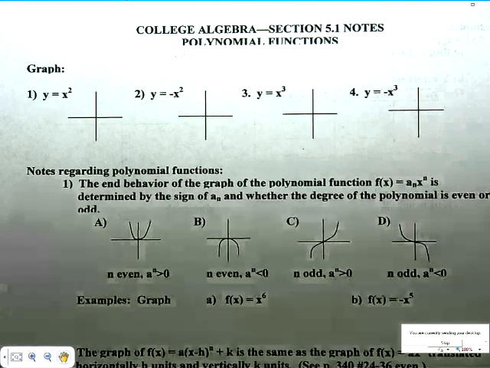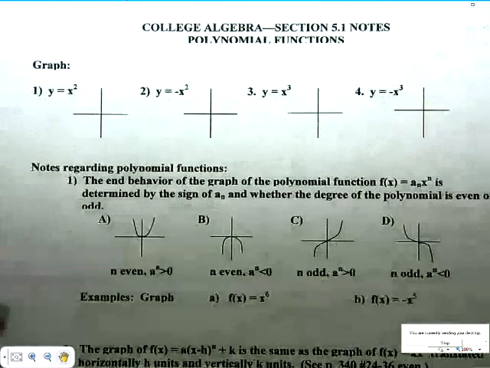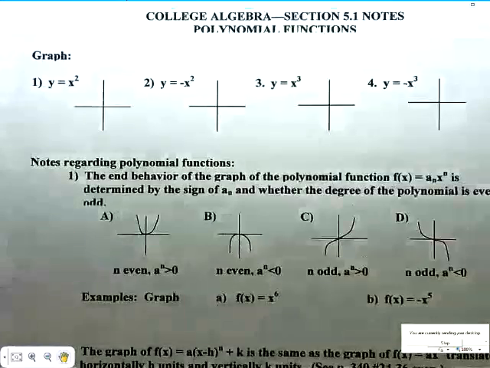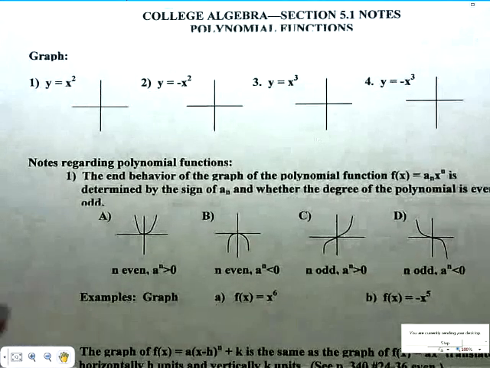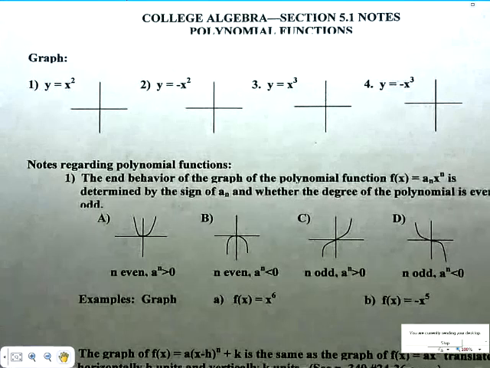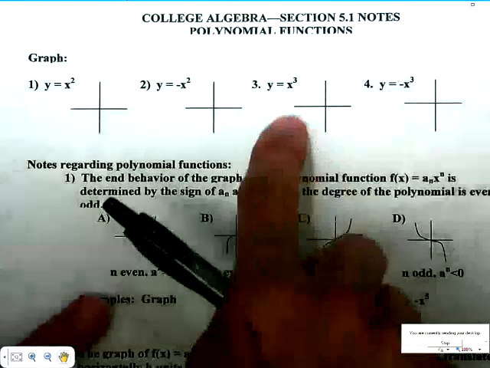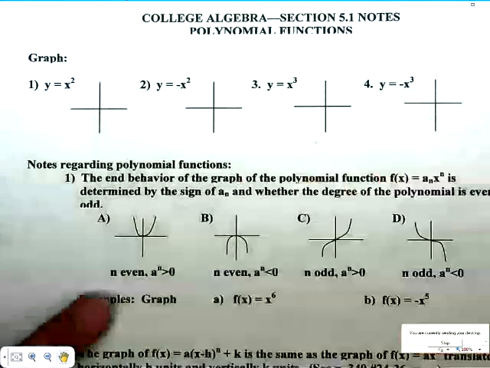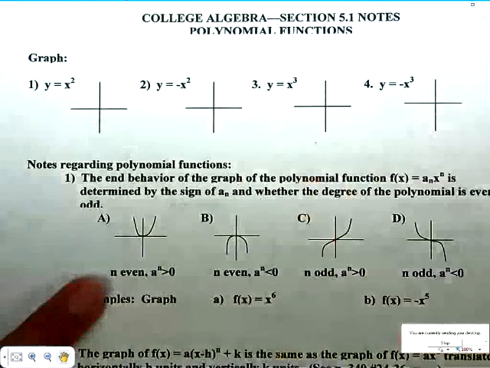Today we are graphing higher order polynomial functions, not only equations that have x squared or x cubed in them. We've already talked about x cubed and negative x cubed, but we're going to graph fourth, fifth, sixth degree functions.